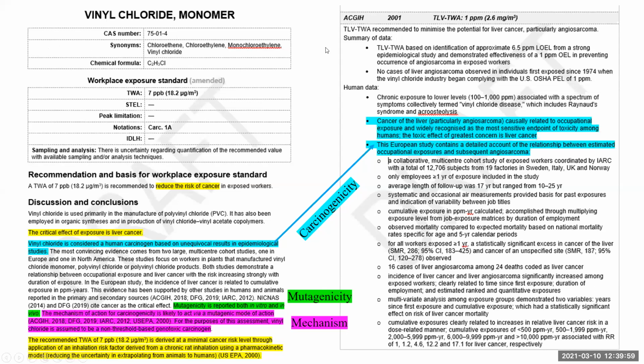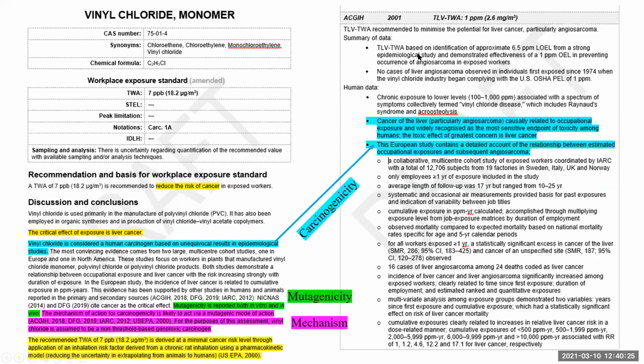On this left-hand side here is the cover page. The critical effect is liver cancer. As we mentioned before, vinyl chloride is considered a human carcinogen based on unequivocal results in epidemiological studies. So those 3 criteria for determining a non-threshold based genotoxic carcinogen: mutagenicity, carcinogenicity, and a mechanism.